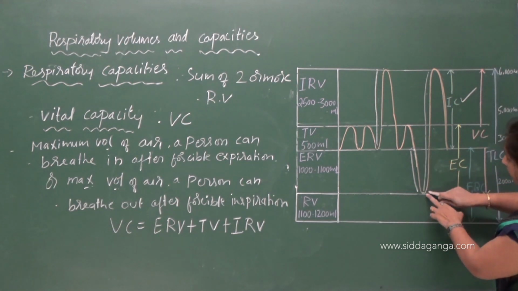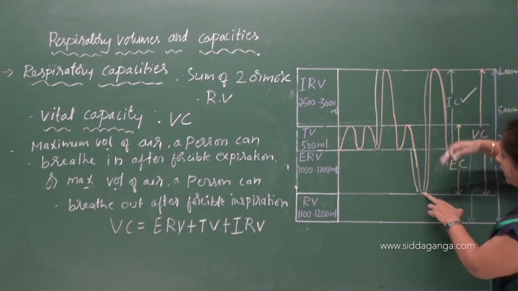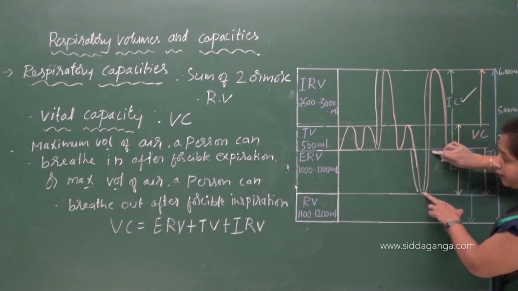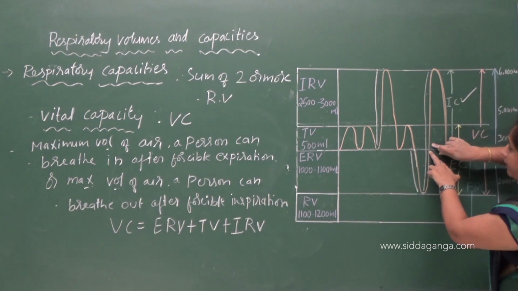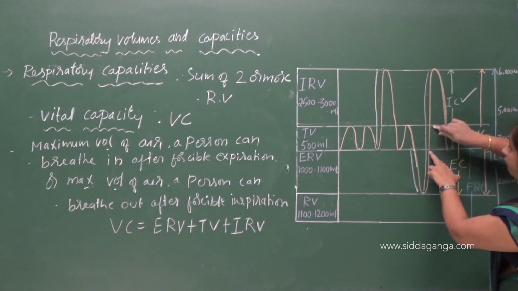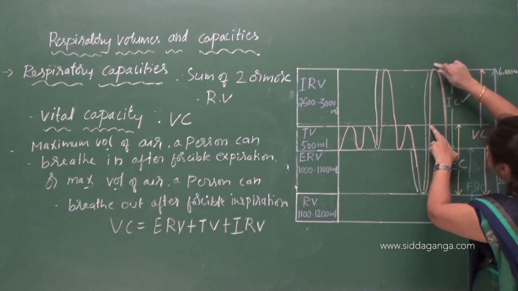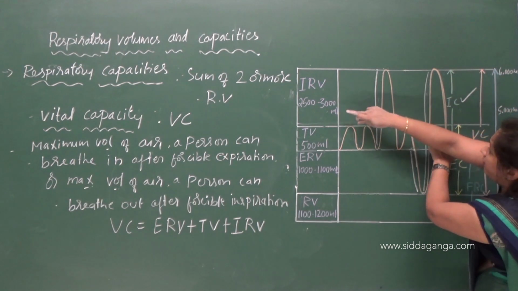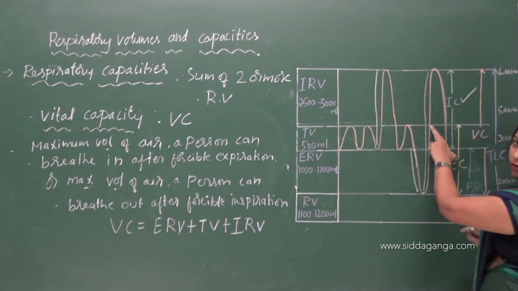After forcible expiration we are able to take in that volume of air that we expired forcefully. That is the ERV. And by normal inspiration further we are able to take 500 ml of air. Further, if we inspire forcefully, we are able to take 2500 to 3000 ml of air inside.